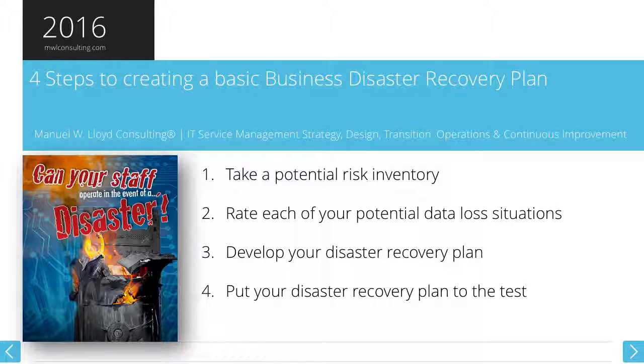So having a disaster recovery plan. And listen, if you're a medical practice, you need to read very, very carefully 45 CFR section 164.308(a)(7), Contingency Plan. There's 6 implementations there, and 2 are addressable and 4 are required.